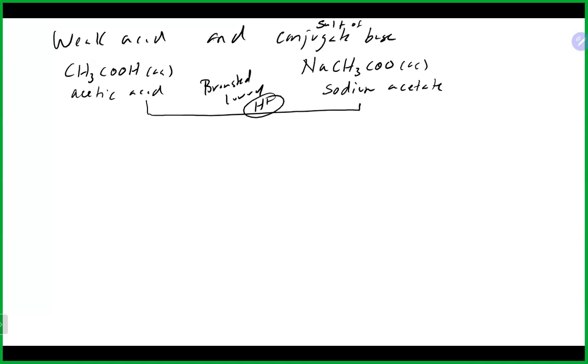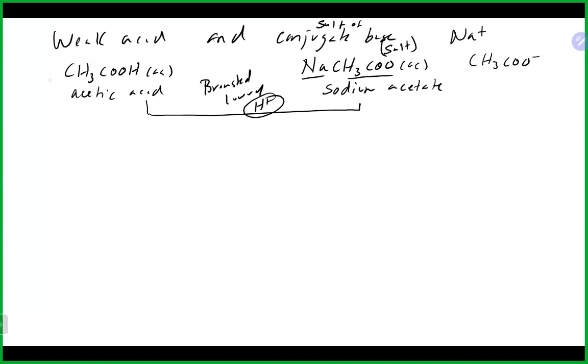Now you may say one's got a sodium and one doesn't. And that sodium there is really what makes this what is referred to as a salt. And a salt is an ionic compound. This sodium acetate is really a sodium ion and acetate ions. It is a strong electrolyte, which means when it's in solution, it will not stay together and it will break apart.